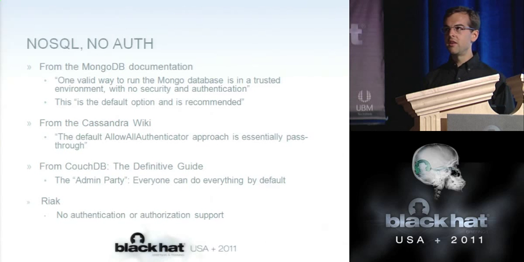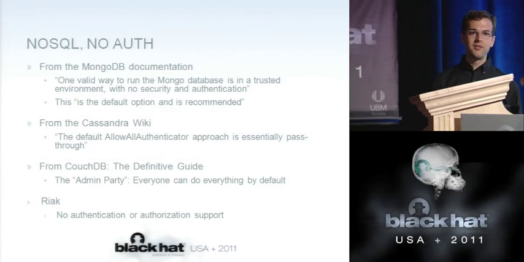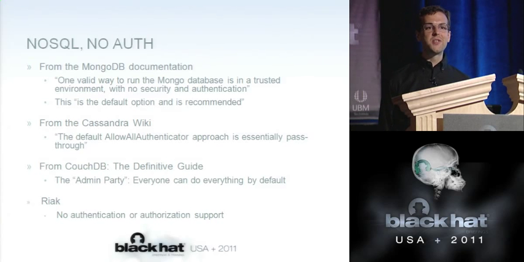And this is again a pretty big issue with NoSQL in general. Most NoSQL databases actually actively discourage you from using any kind of auth on the database, which is crazy to me. Here's some quotes from the various documentations of the different databases.